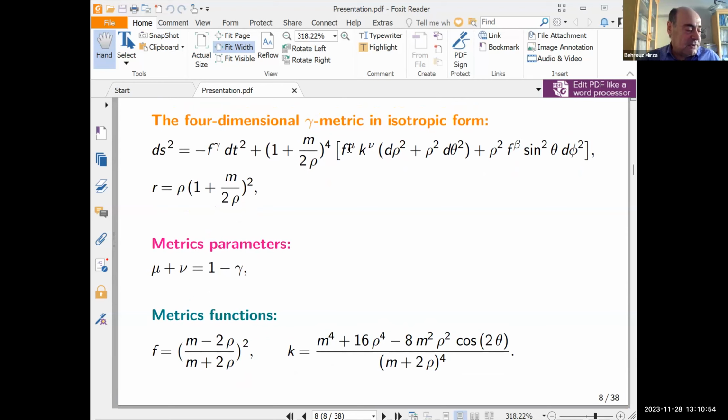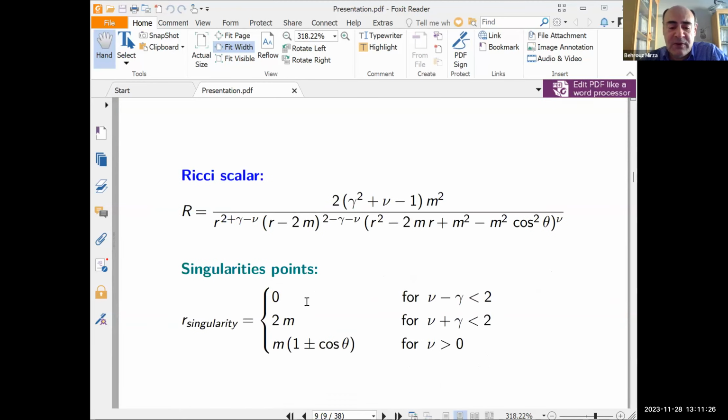If you see this metric, you can see two different cases for this nu. If nu is greater than 0, we have a prolate distribution of matter. If nu is less than 0, we have an oblate distribution of matter. This is very important. This parameter nu shows the oblate or prolate distribution of matter.